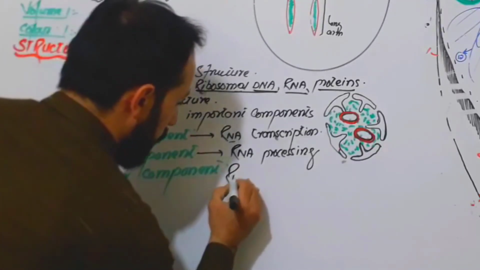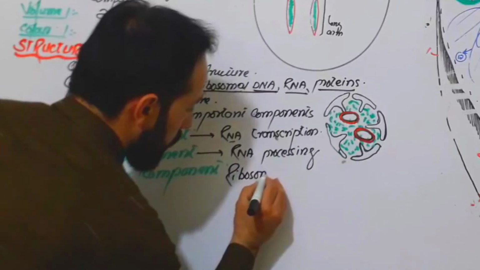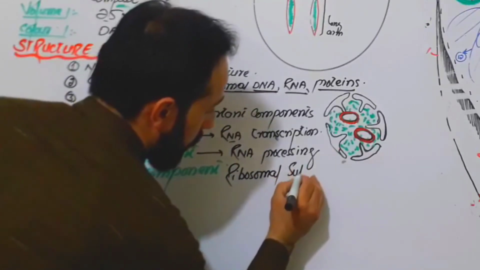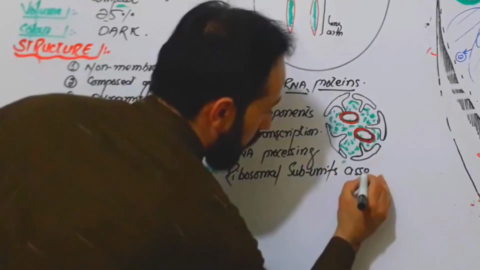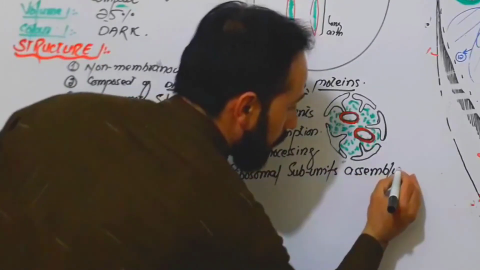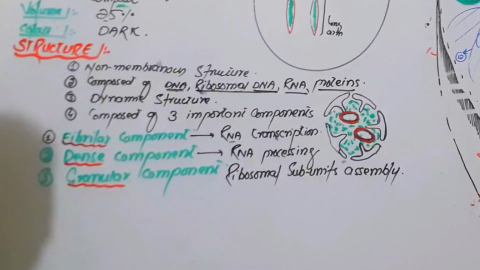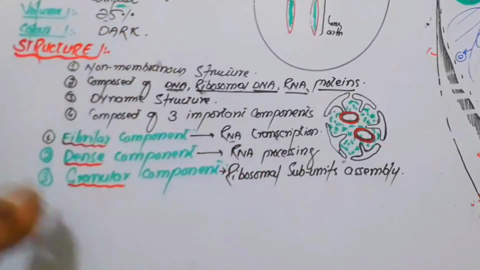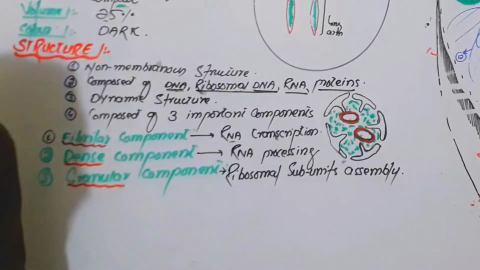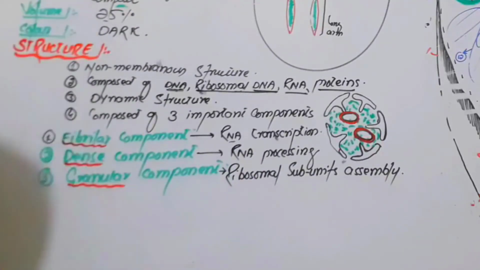So they perform ribosomal subunits assembly. Right. So these are the important three functions of these important regions of your nucleolus, right?